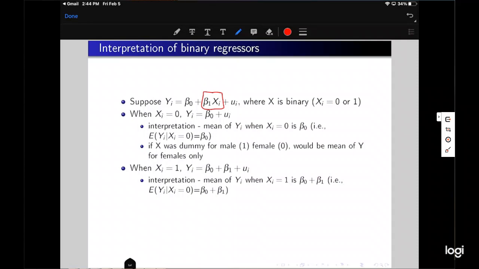The interpretation is that the mean of y_i when x_i equals 0 is beta 0. In other words, the expected value of y_i conditional on x_i equals 0 is equal to the intercept, beta 0.